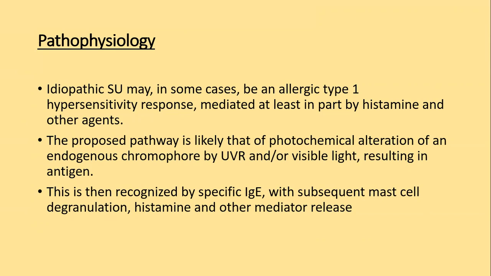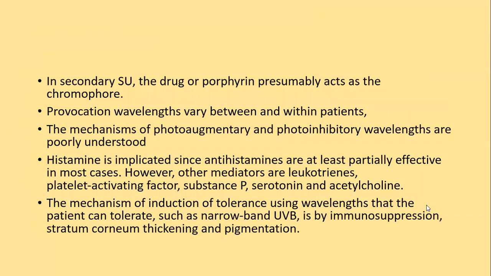This is then recognized by a specific IgE with subsequent mast cell degranulation and histamine and other mediator release. In secondary solar urticaria, the drug or porphyrin presumably acts as the chromophore.